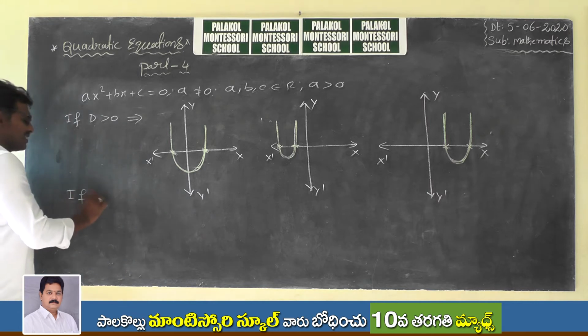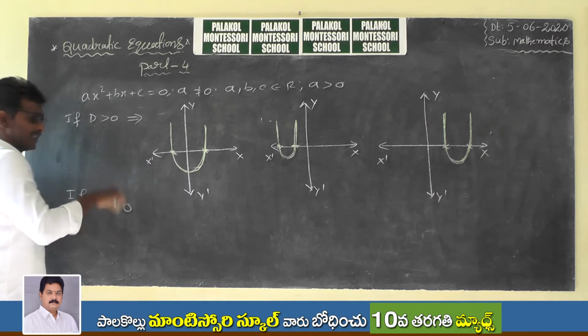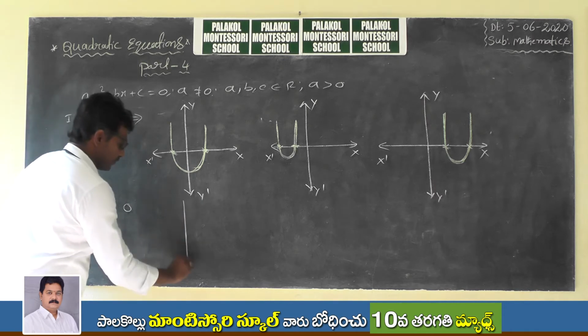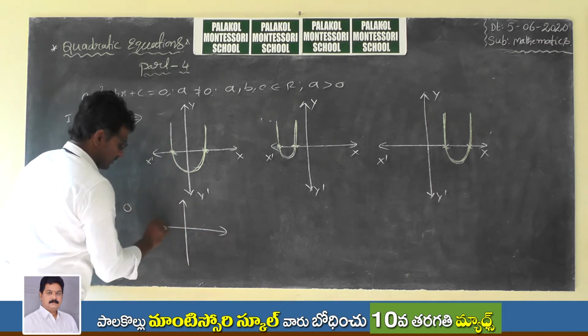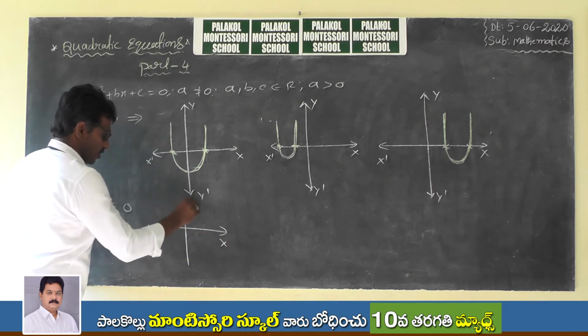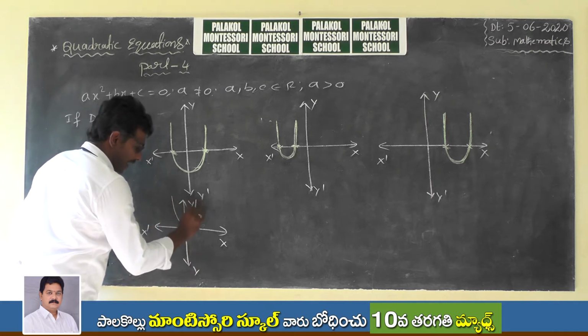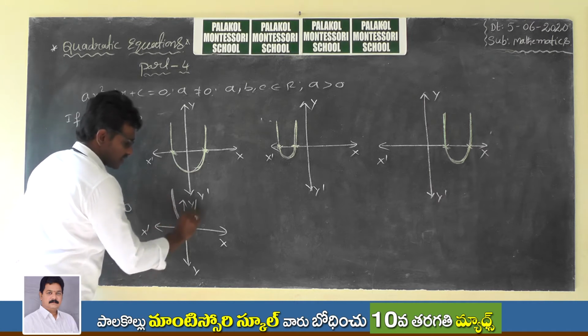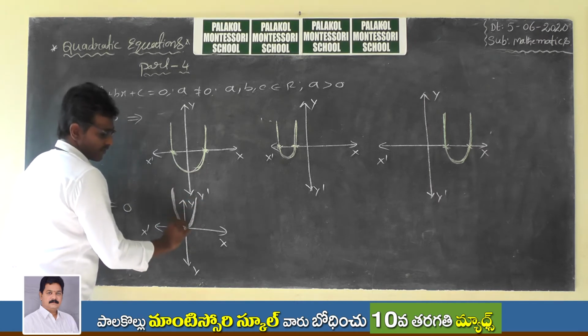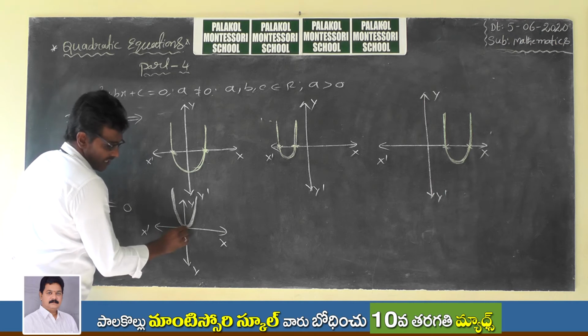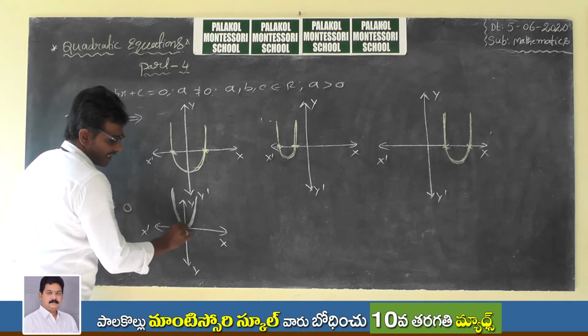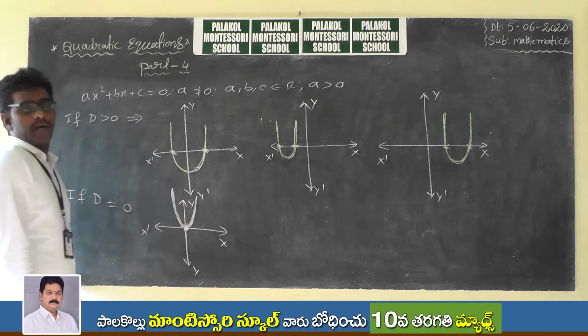Suppose D is equal to 0. In this situation, see the graph, x dash, y dash. This curve touches only one point. This type of quadratic equation curve touches the x-axis at only one point. It is a real and equal point.